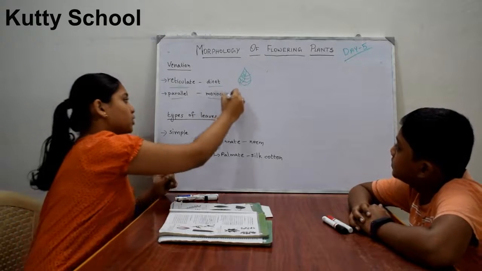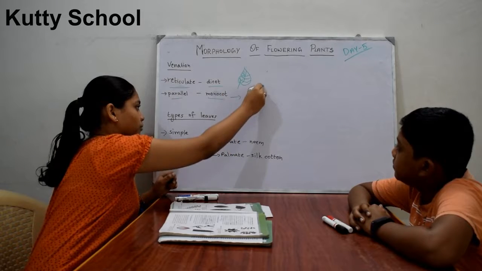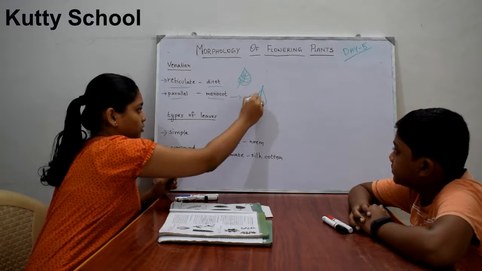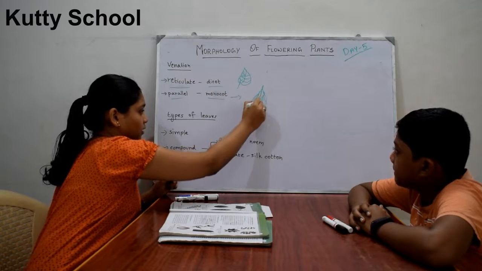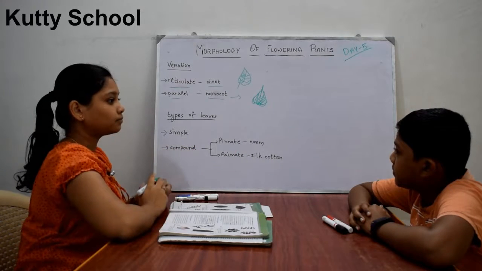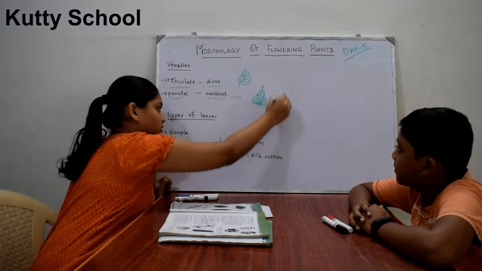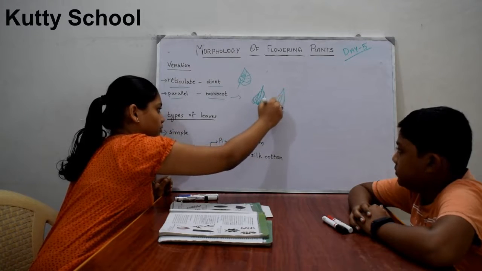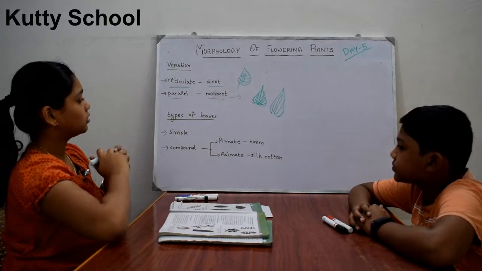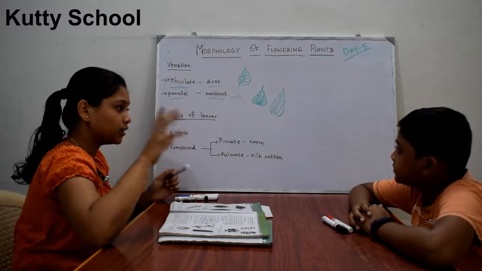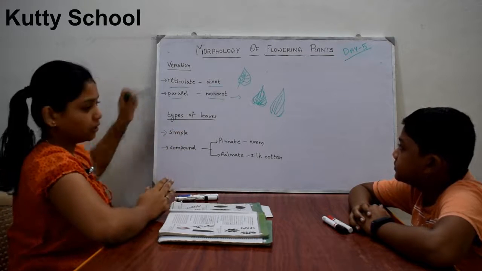Parallel venation is when in the leaf lamina the veins run parallel, like in banana. Can you understand? This is a general characteristic of monocots. Grasses also show parallel venation only; you cannot see reticulate. So this is about venation.